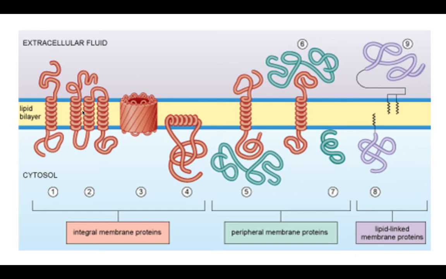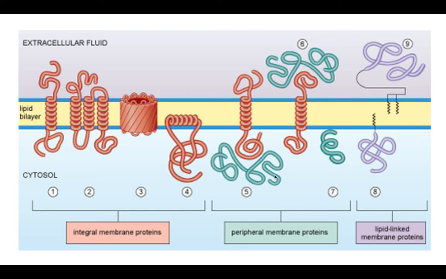This one weaves itself multiple times through the membrane, but it still goes all the way through. This one goes all the way through and creates a big giant channel or hole that things can move in and out of the cell. This one, even though it doesn't go all the way through the membrane, is embedded pretty intensely, so it is still considered an integral membrane protein.